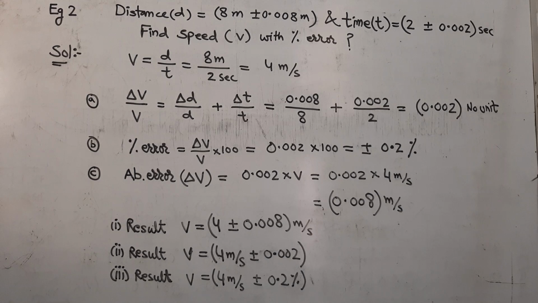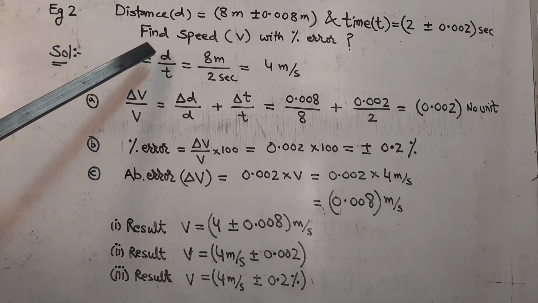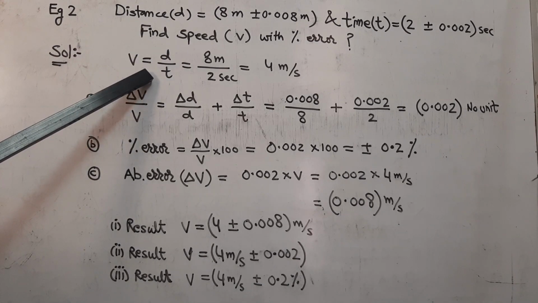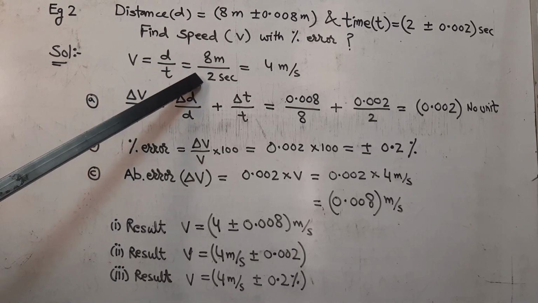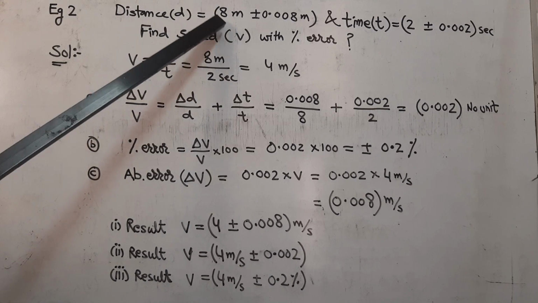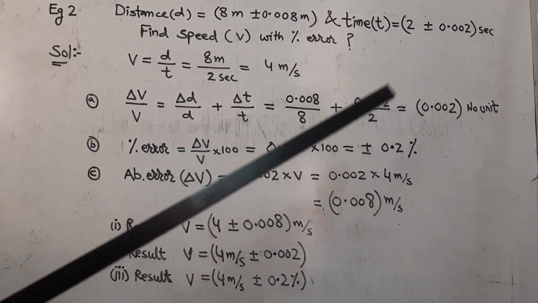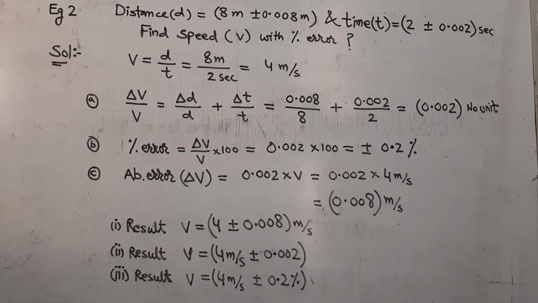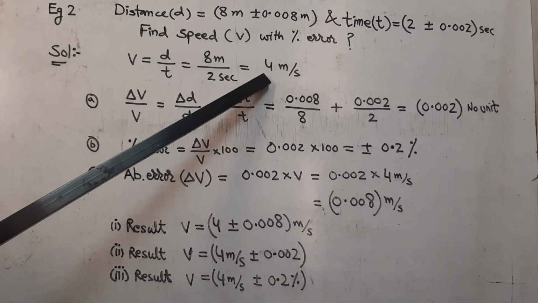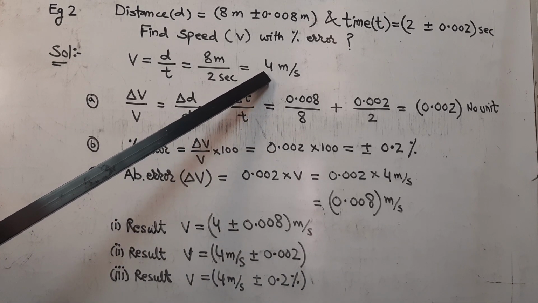It means examiner ने इस बार हमको टारगेट गिवन दिया है, कौन सी फॉर्म में आंसर देना है। Now speed is the ratio of distance to the time, so it is 8 meter divided by 2 second. These values are taken directly from the given values, that is 8 meter and 2 second. Now the result is 4 meter per second.